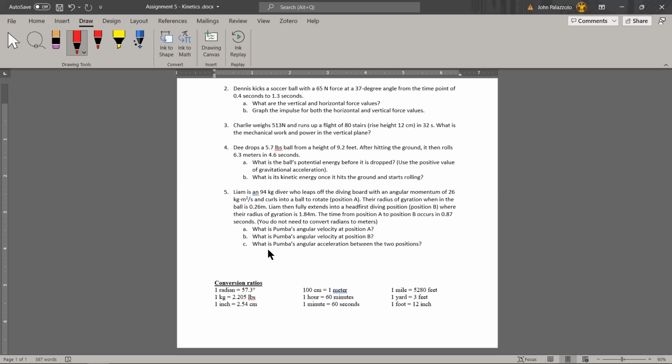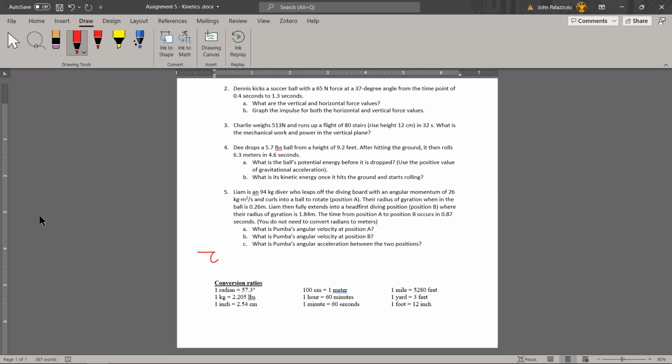So we know our angular velocity, and I'll subscript it with an A, we can find using an equation that will be on your cheat sheet.